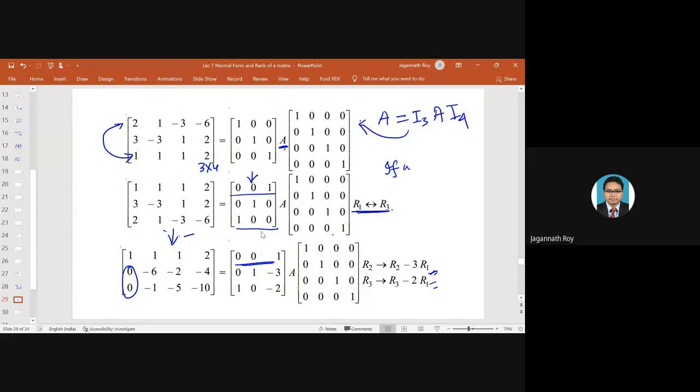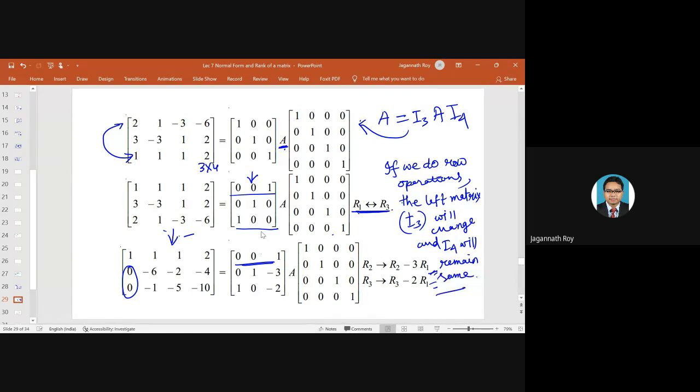So here, if we do row operations, then the left hand side matrix, that is I3 here, will change, and I4 will remain the same.